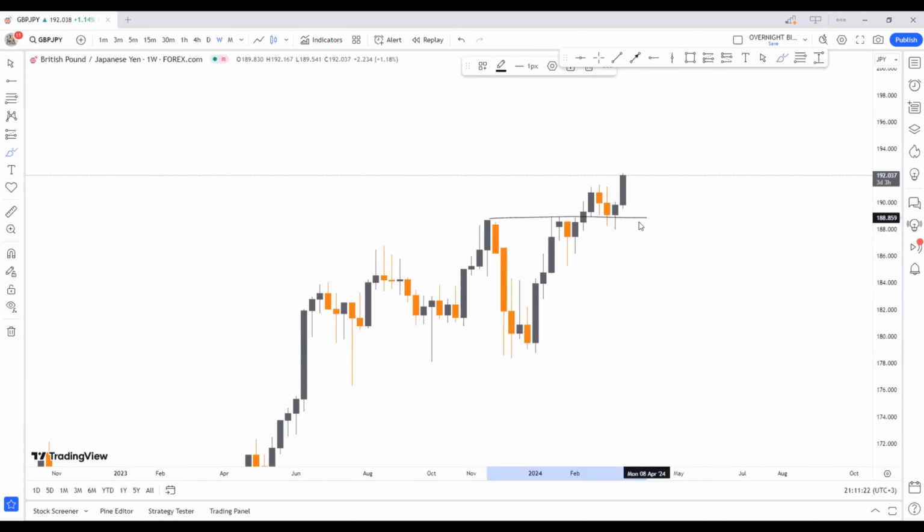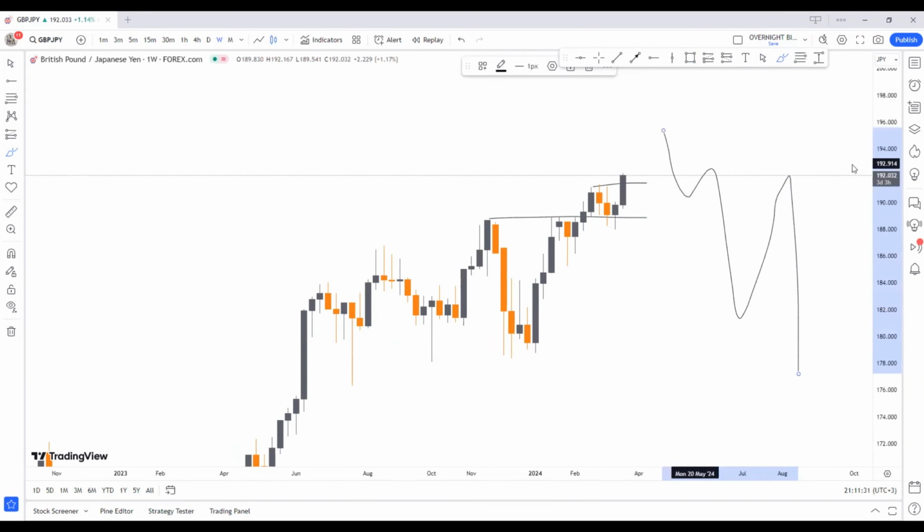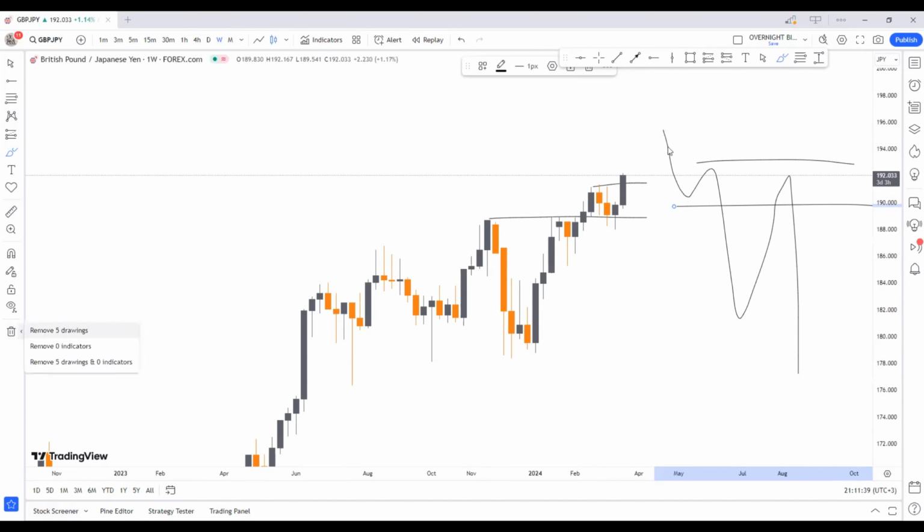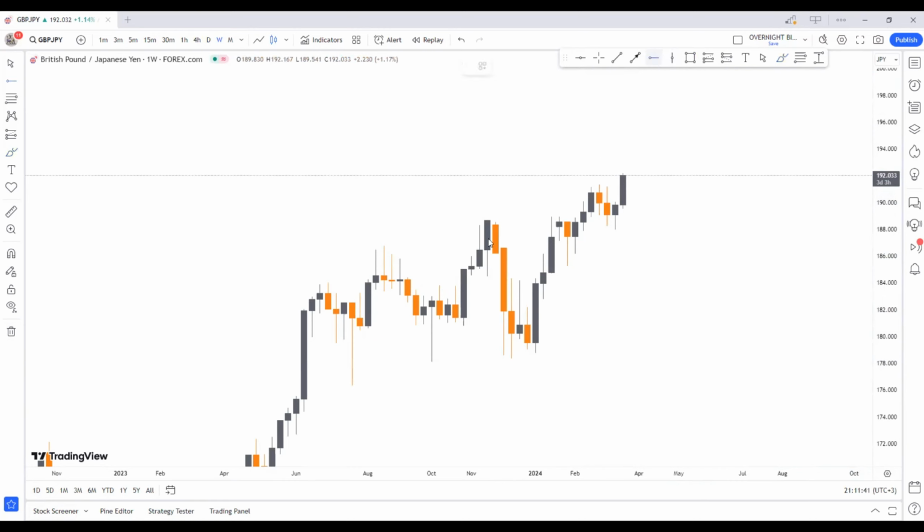We had this point that has been broken by the price. Whenever the market breaks the structure, it needs to come and grab the liquidities before proceeding in the direction it's supposed to go. In this case, the price managed to break this structure.